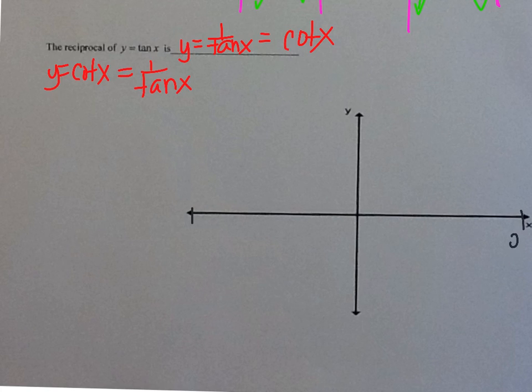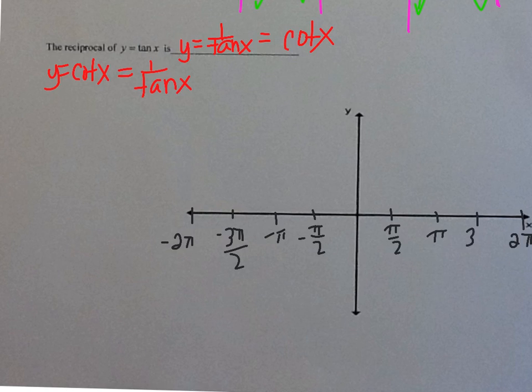So we have 2 pi at the end, positive and negative. Pi, negative pi over 2. Negative pi over 2, positive, negative 3 pi over 2, and positive 3 pi over 2. So now hopefully, when you saw this really quickly, you were like, oh, it's the same exact thing as tangent.